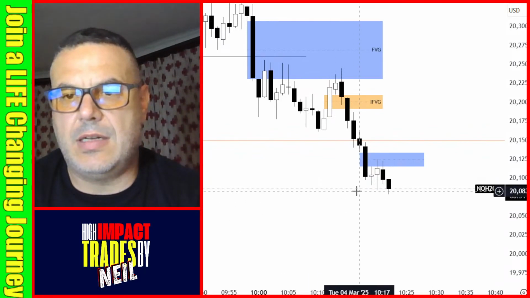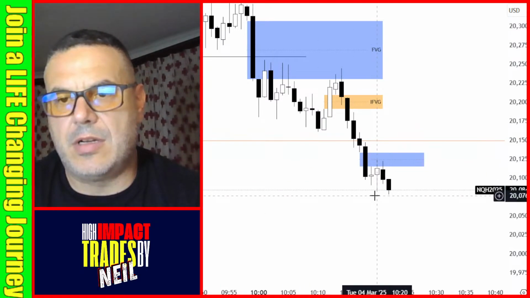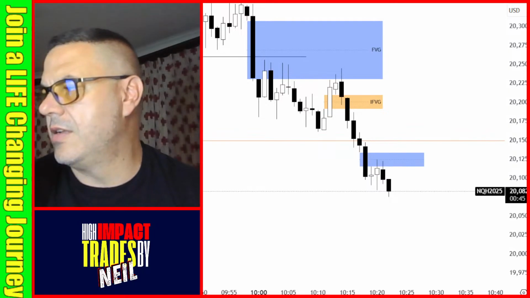There we take that low out. So let's see if we want to go lower. If we're going to close aggressively below that, then obviously small downside here.